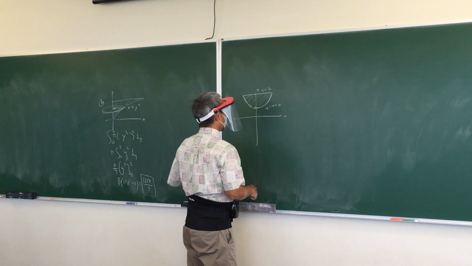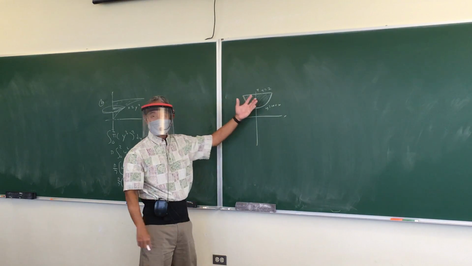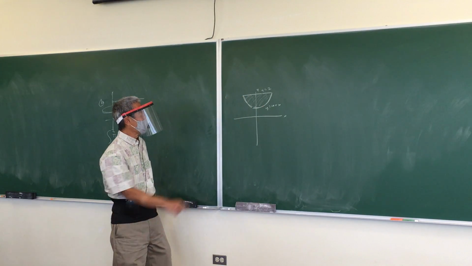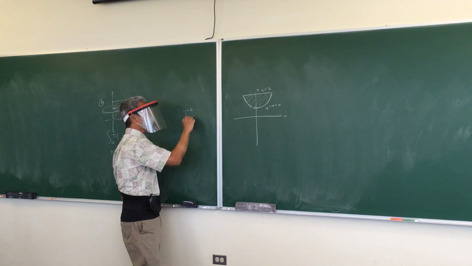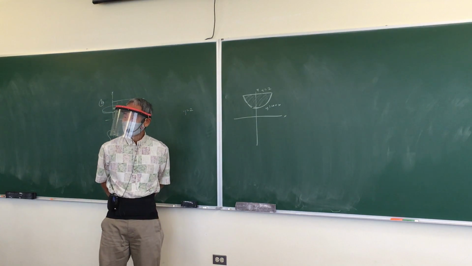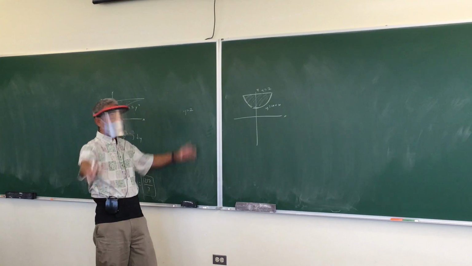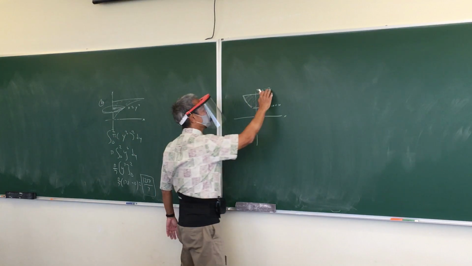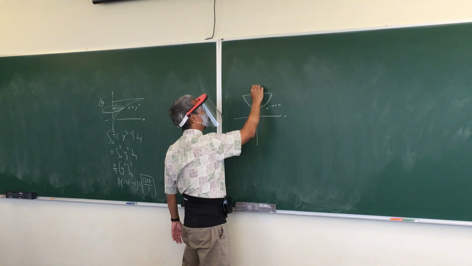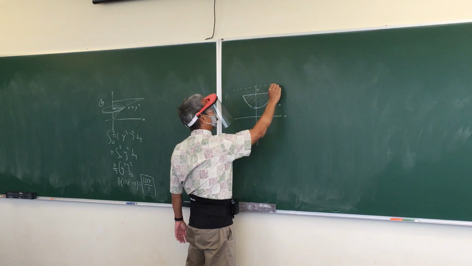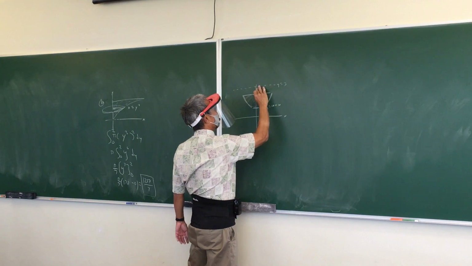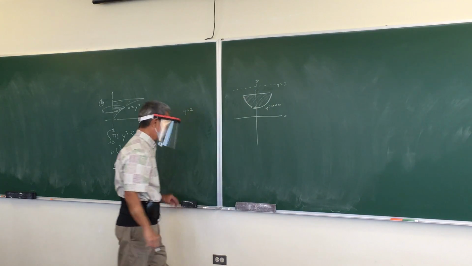Okay, take this region, I'll probably give you this picture. Revolve it about the line y equals 2. Find the volume of the solid. No, I changed my mind. Revolve it about the line y equals 3.